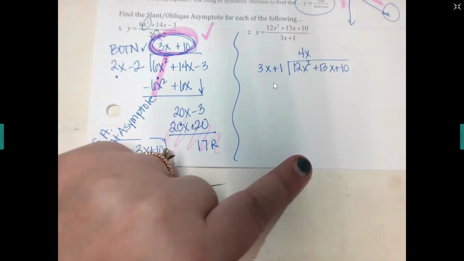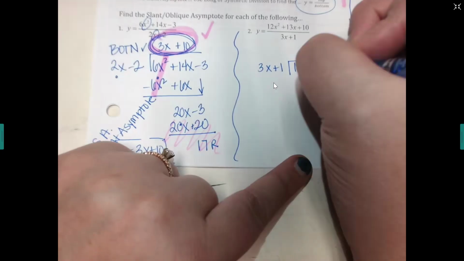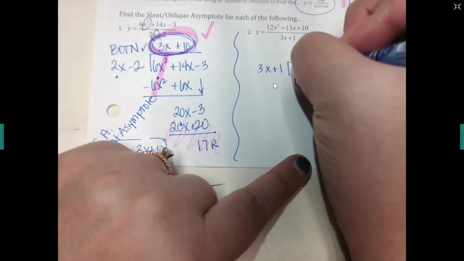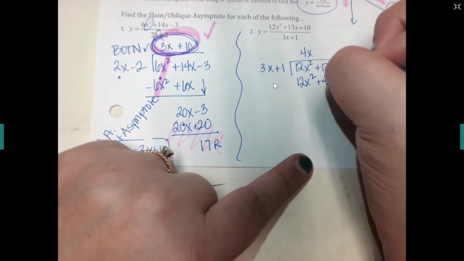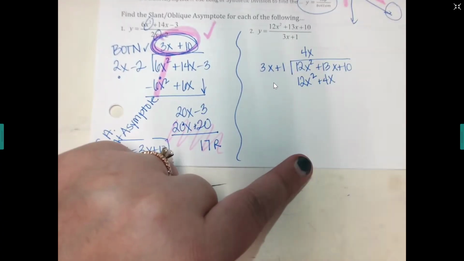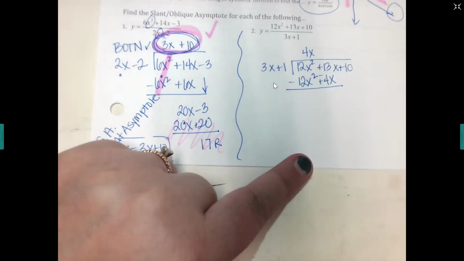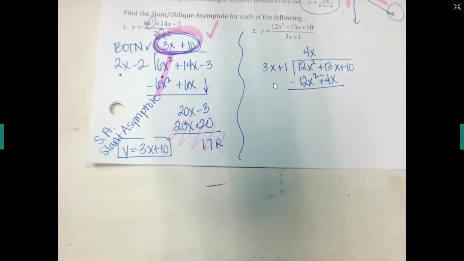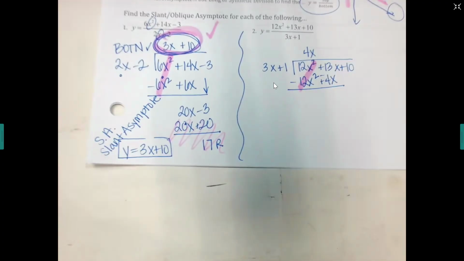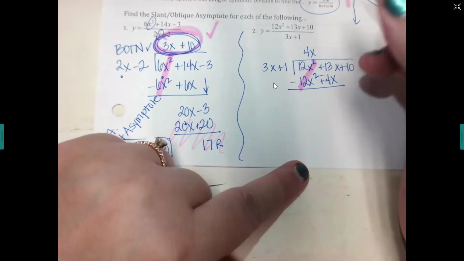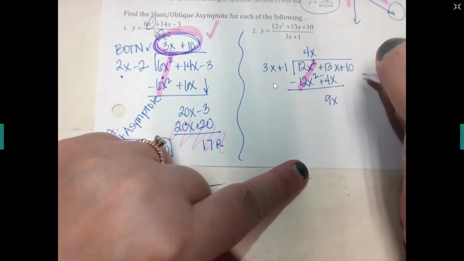Then 4x times 3x is 12x squared, a perfect match. 4x times 1 is a 4x, but then I have to switch the signs, so they go minus. 12 minus 12 in the front crosses out just like it always should. What is my 13 minus 4? 9x, carry down plus 10.